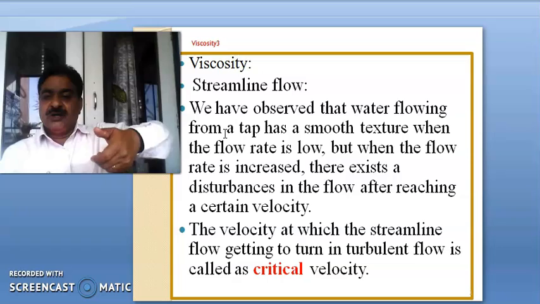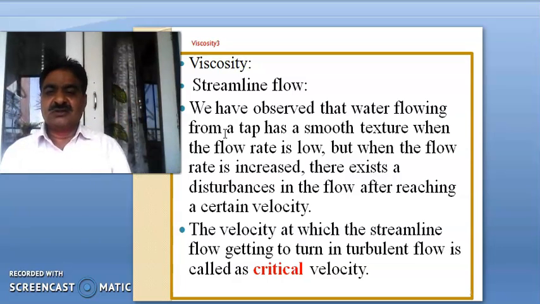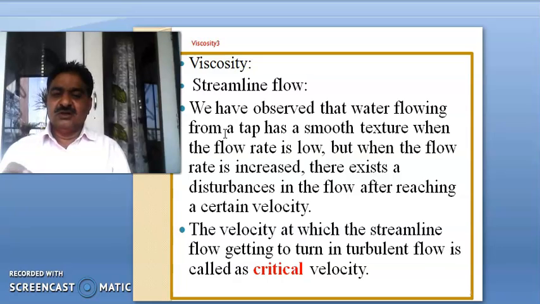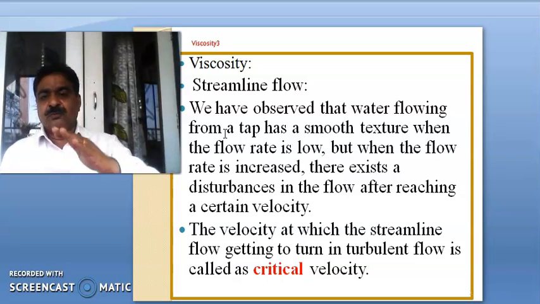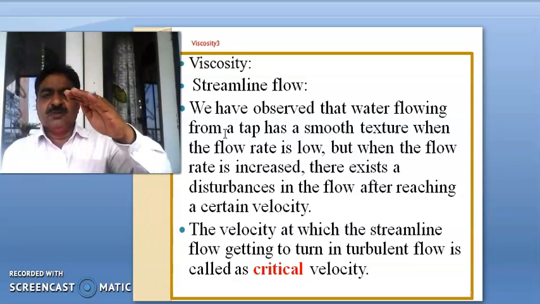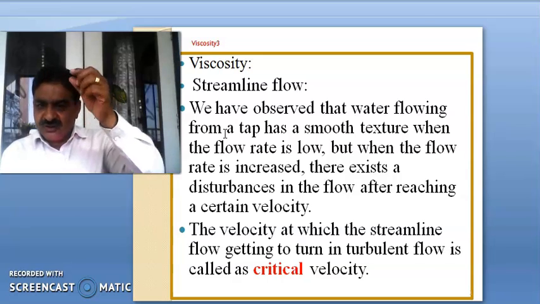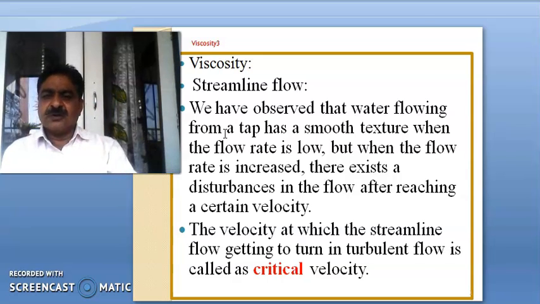But when the flow rate is increased, then there exists a disturbance in the flow after a certain velocity. Up to a certain velocity, the texture of flow of water from the tap is smooth. We say laminar flow. It is said to be streamline flow.